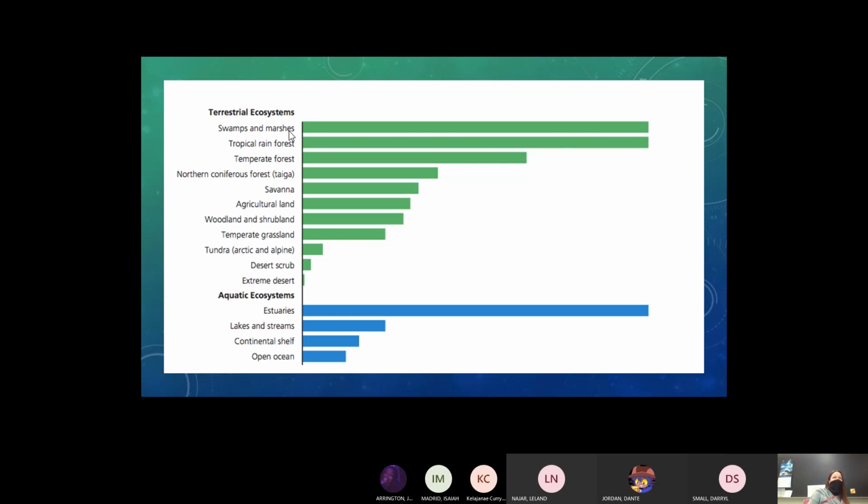Guess what? These are usually warm and wet. Aquatic ecosystems, estuaries, have insane amounts of productivity compared to anything else. Estuaries are kind of interesting too because that's where salt and fresh water meet. And so you tend to end up with a whole lot of stuff going on and a whole lot of productivity.